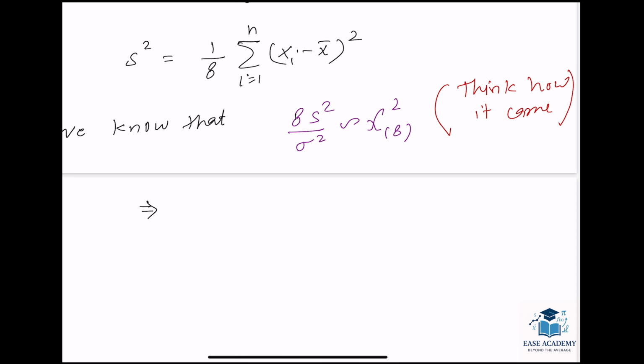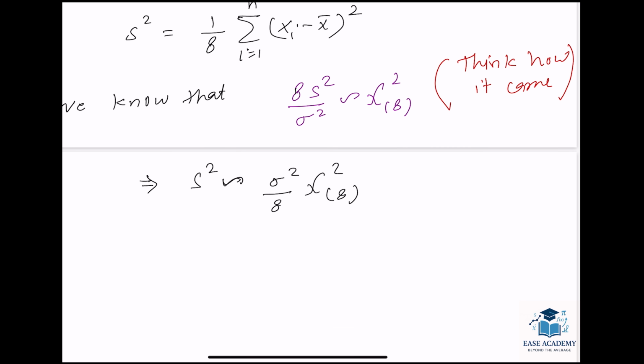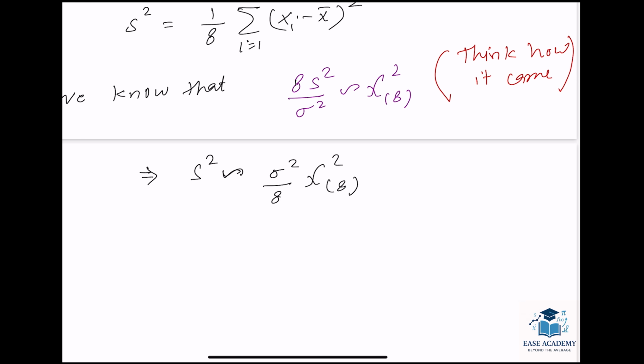So I can say, in loose terminology, that S square is sigma square upon 8 times chi square 8, this kind of stuff. I am writing loose terminology; I cannot directly say this, and I need a proper logical flow and justification, but still this is true.